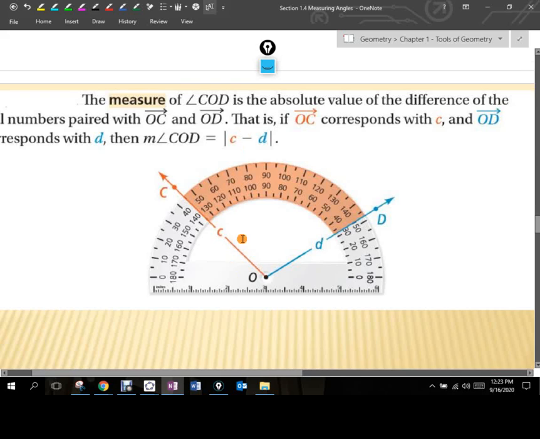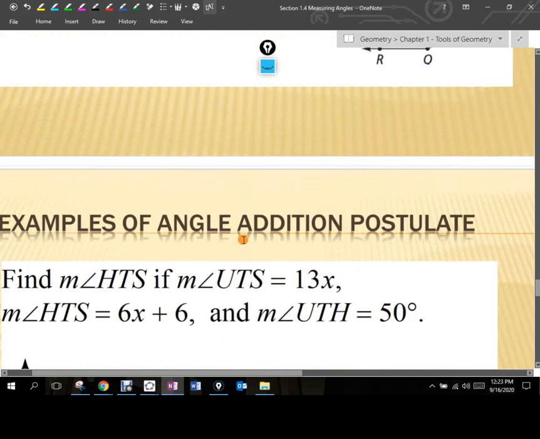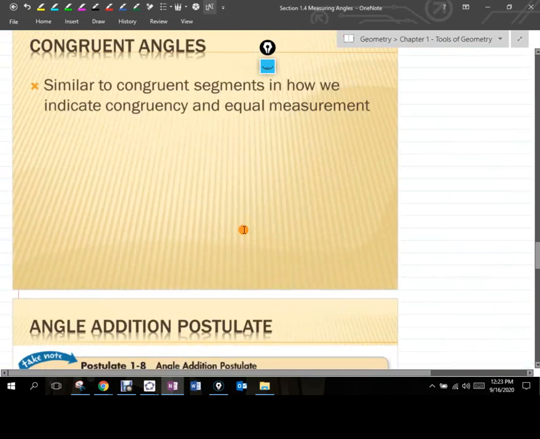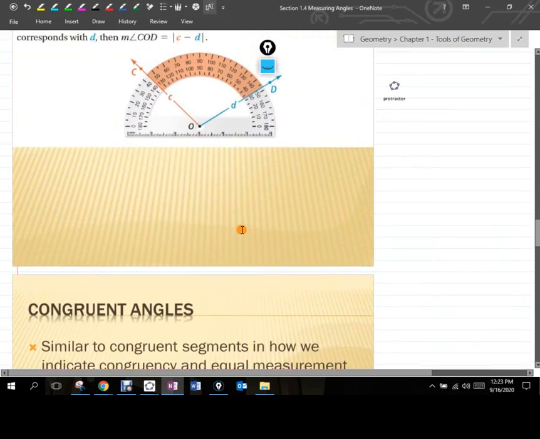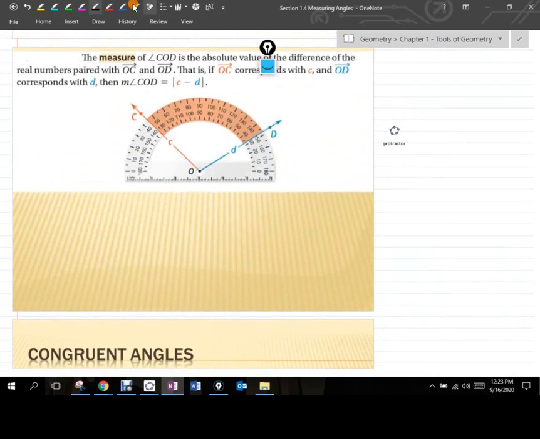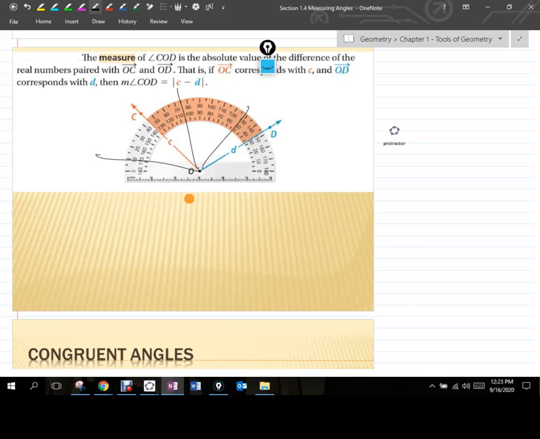So on your test or quiz, what I will do is I will create a protractor that has a bunch of different rays sticking off of it, and I will label each letter, and I'll say, okay, look at ray or angle COB or something like that.